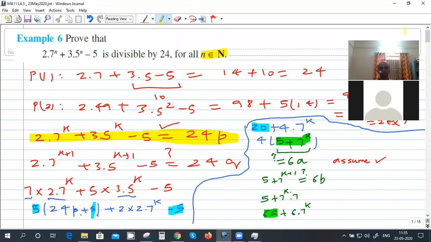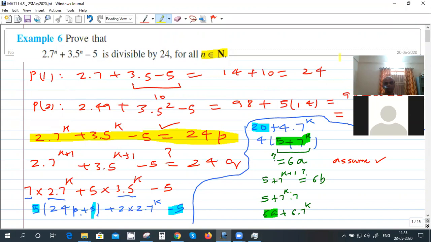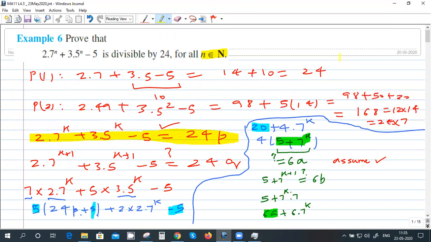Check this question which we tried last time. From this you get 5 into 5, 25 minus 5 is 20, the blue one, right?